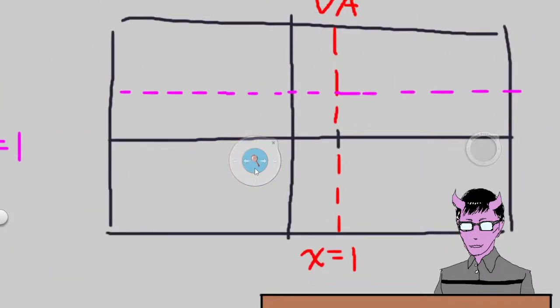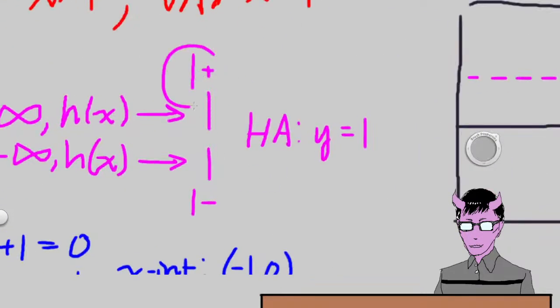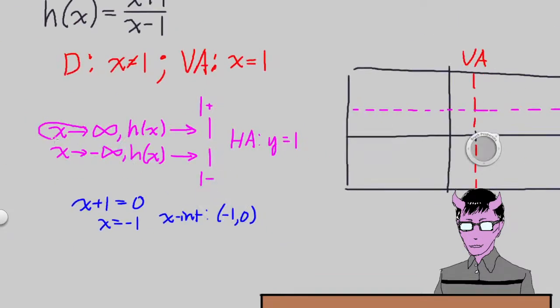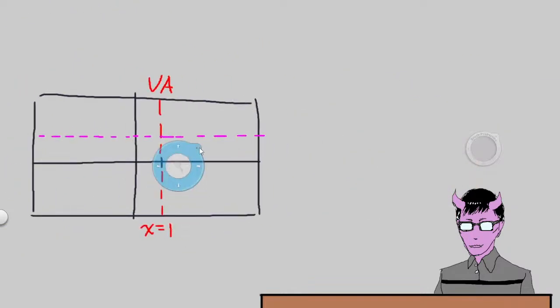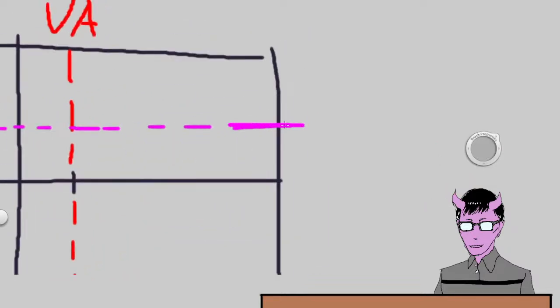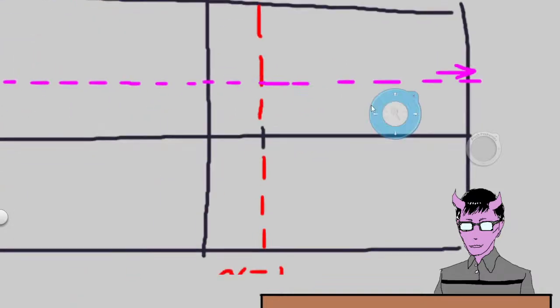So let us graph it. Here's where the slightly bigger than 1 and slightly lower than 1 comes into play. As x approaches huge positive values, y values approach 1, but slightly bigger than 1. So this is exactly 1, and we are slightly bigger than 1.